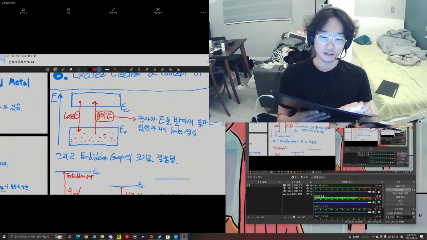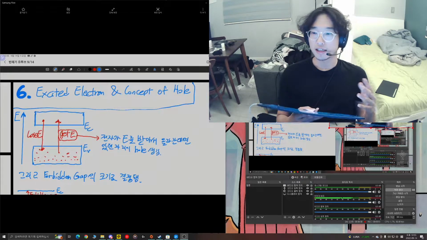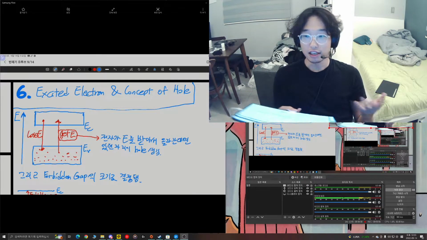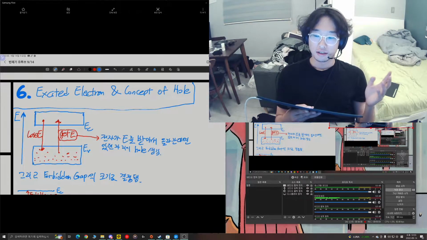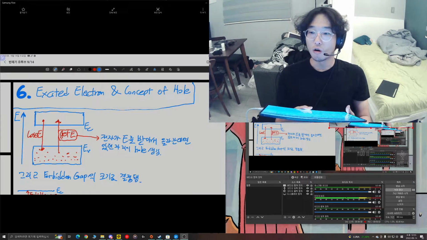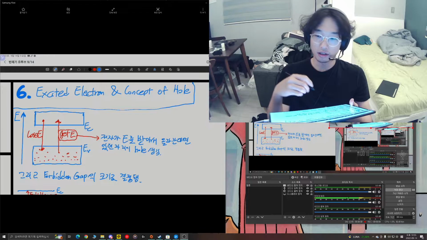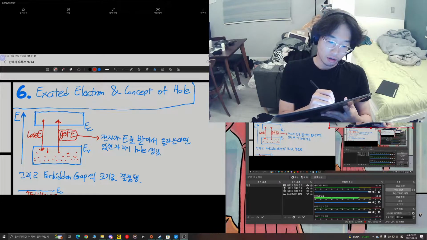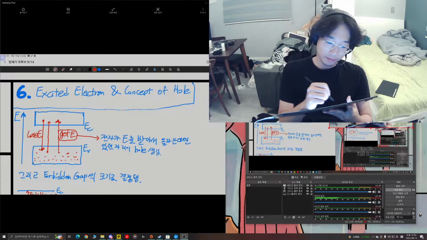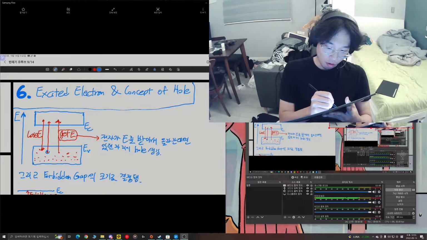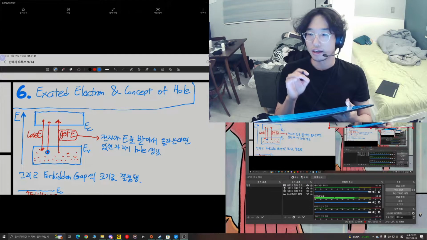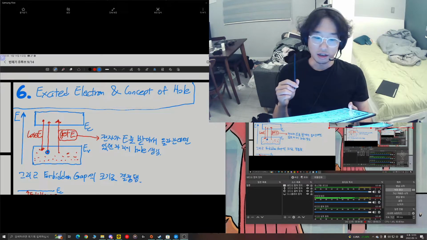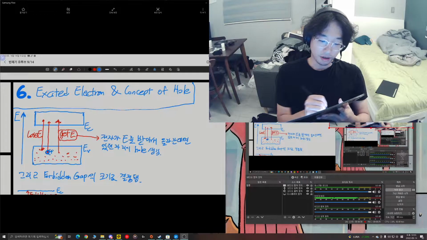When the electron gets energy, we call it an excited electron, and there will be a hole left when the electron goes up. The hole just stays there, and the hole means it has a plus one charge.